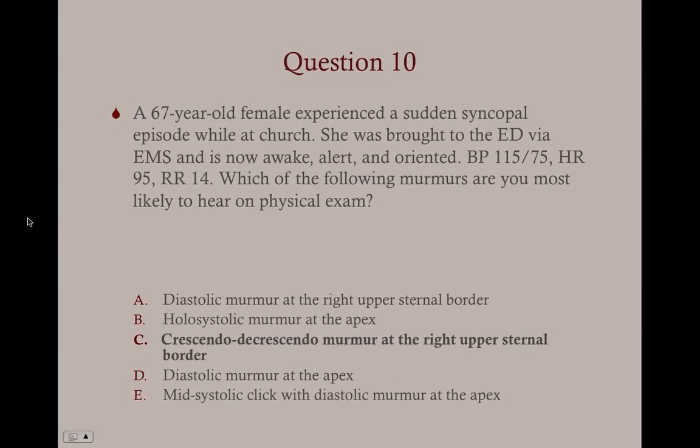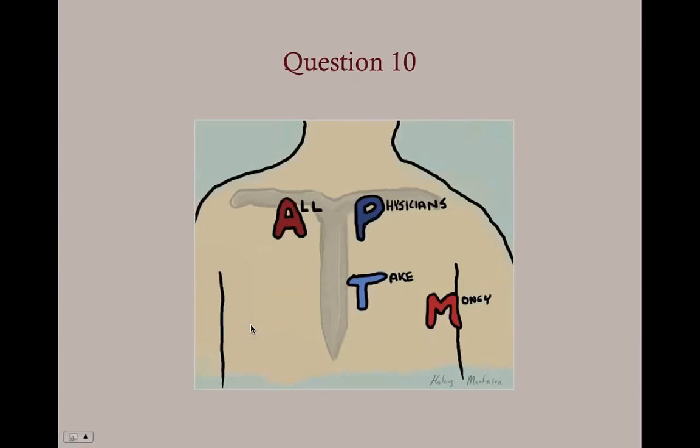Okay. Holosystolic murmur at the apex. So the apex now is here. The apex of the heart is an anatomical term, but generally we define this as the point of maximal impulse. So in normal patients, that's going to be the midclavicular.